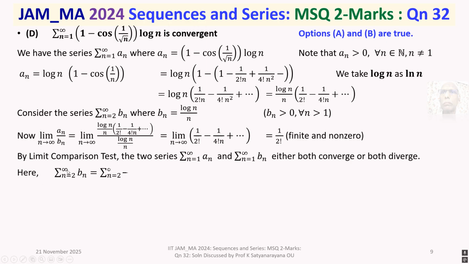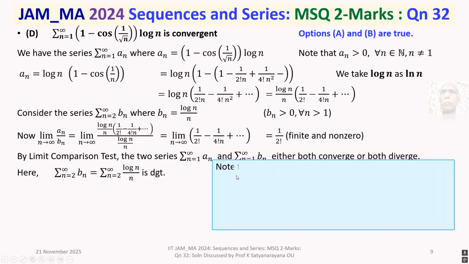Now here sigma bn, sigma n equal to infinity log n by n, is divergent. How? We will see here. Now note that log n, the natural logarithm ln of n, is greater than 1 for all n greater than or equal to 3.